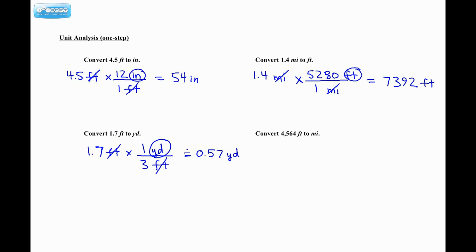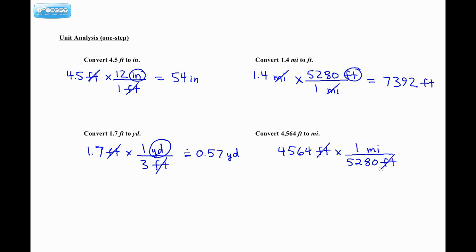Lastly, convert 4,564 feet to miles. Okay. Well, I know this is less than 5,280. So I know that this is less than 1 mile. So let's work it out. 4,564 feet. So I want to go to miles, so I've got to cancel out these feet. So that means this goes down here. Once you get the hang of this, it's pretty easy. Just takes practice. There we go.